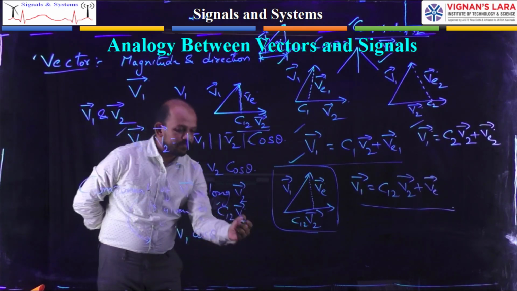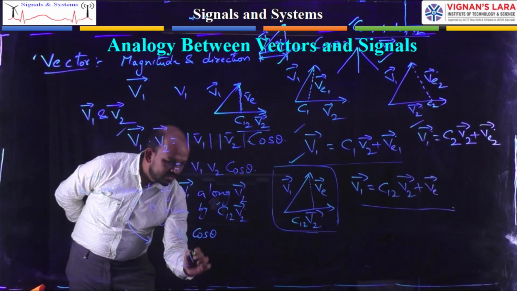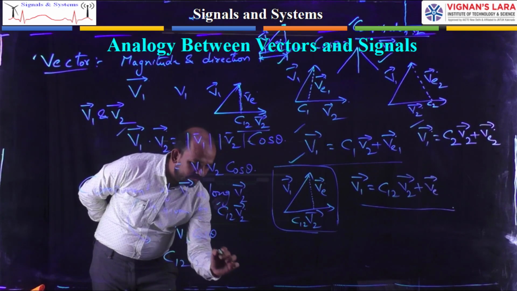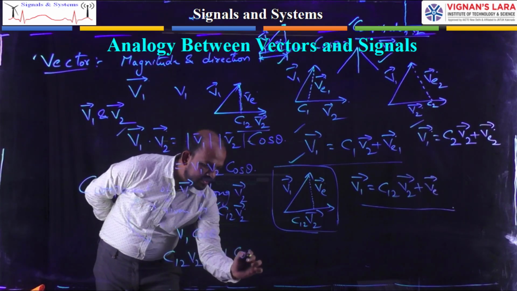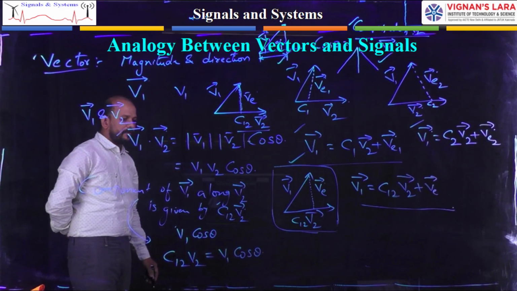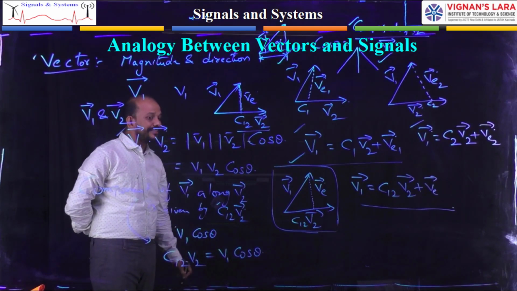So both are the same. Now C12 V2 will be equal to V1 cos theta. Simple. So C12 V2 will be equal to V1 cos theta.